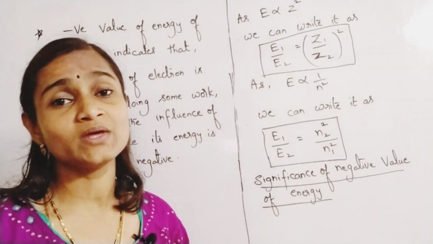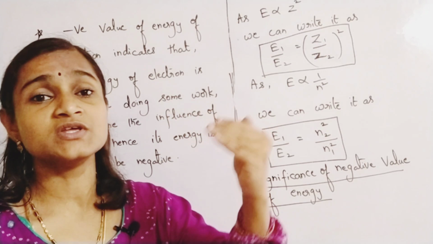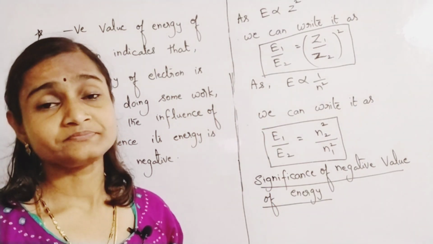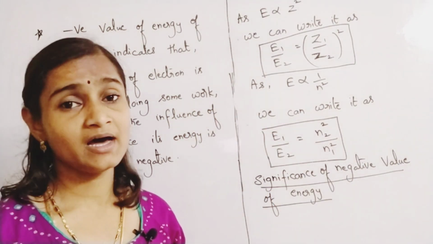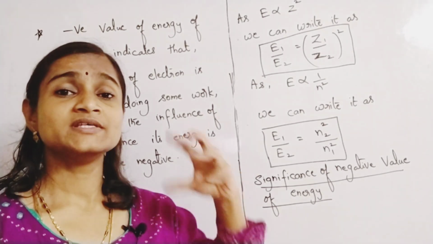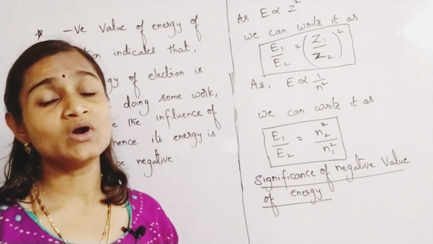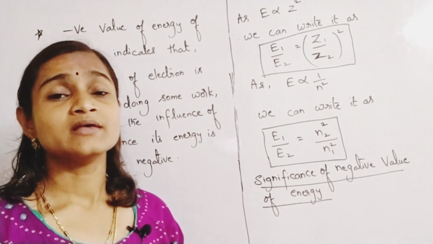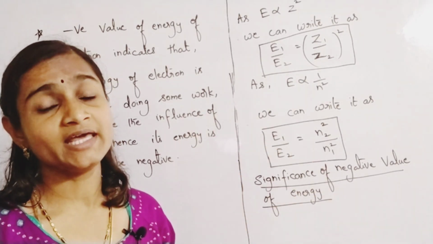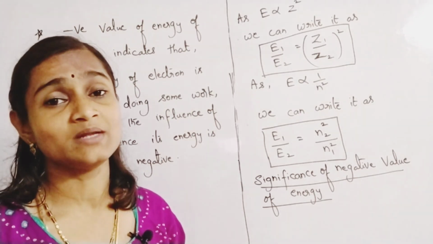In place of v square, we use the expression which we get from the mv square by r formula. So we substituted the value of v square and got the KE value. After that we added PE and KE and got minus Ze square by 2r.